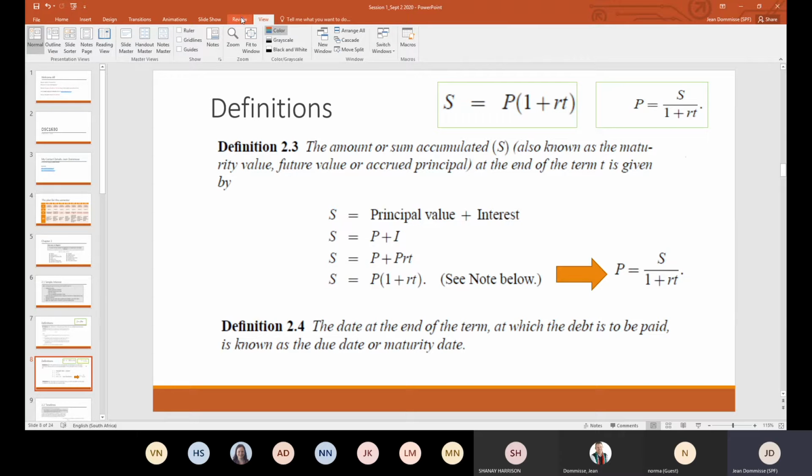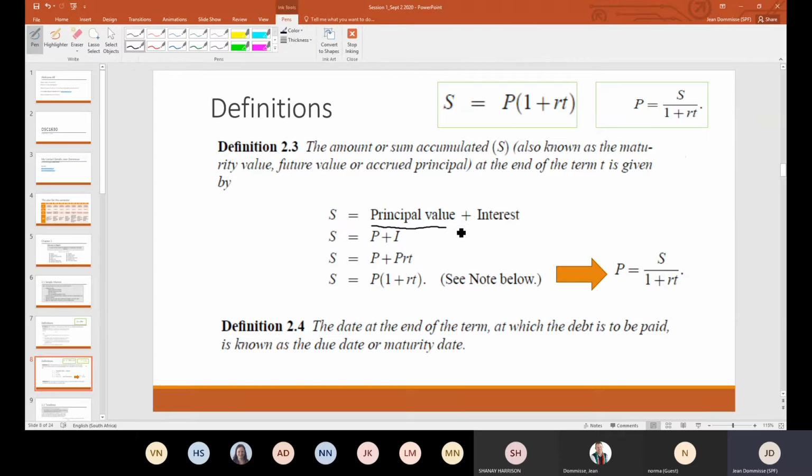The principal value is normally written as the P, so that if you look at study unit 3, 4, and 5, that is normally the present value as well. We will add the interest to that to get to your future value or final value.